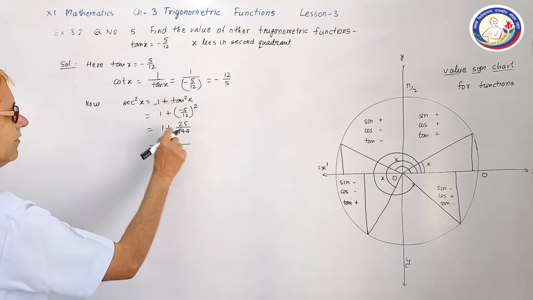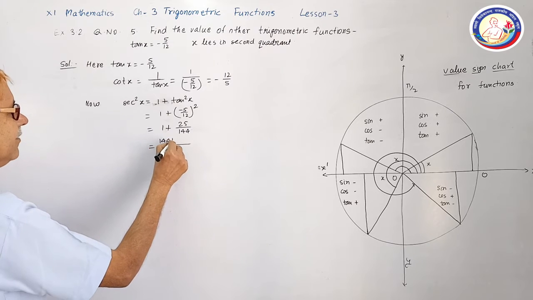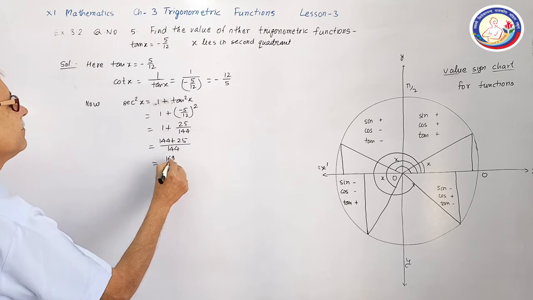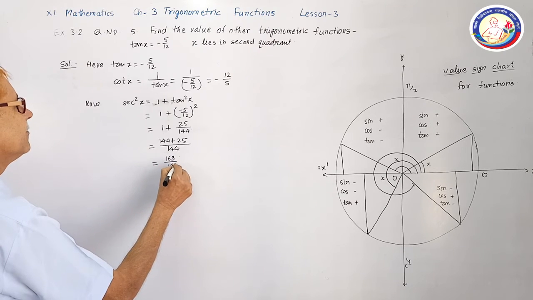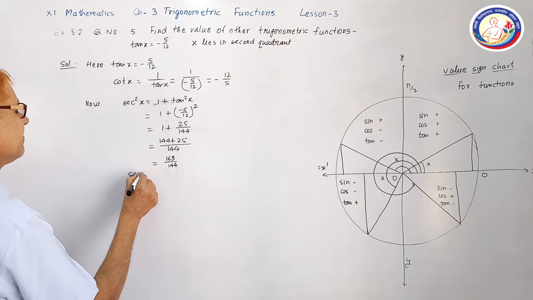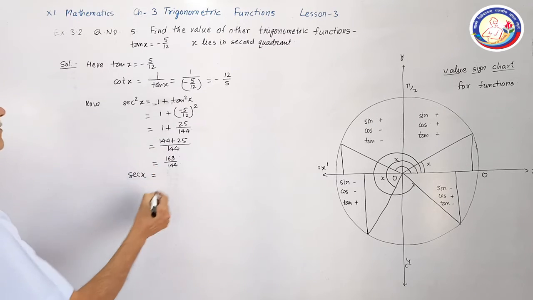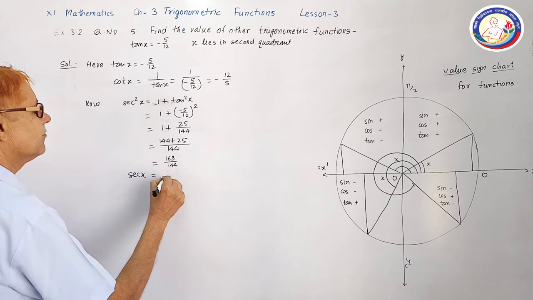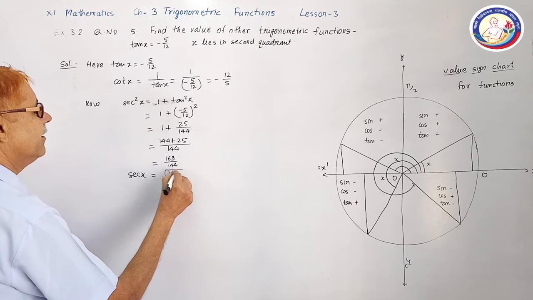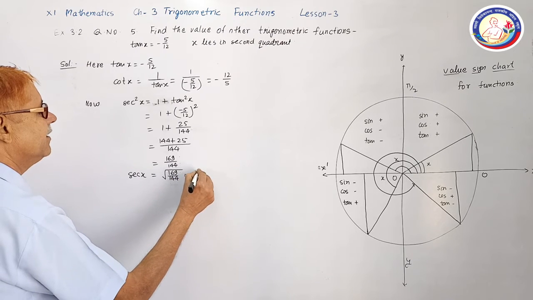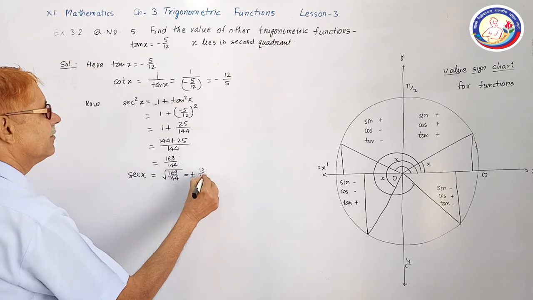We will have 144 plus 25, that is 169 upon 144. So what is sec x here? The value of sec x may be positive or negative. We will decide it later. Square root of 169 upon 144, and it will be plus minus 13 upon 12.